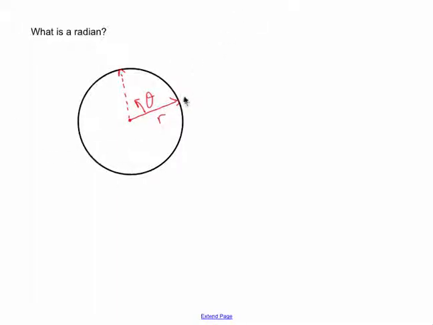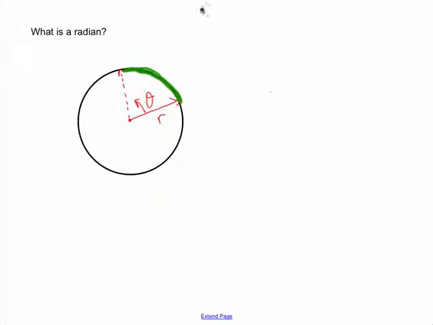Okay? 1 radian is defined as the amount of the angle that you get, let's say I sweep out or rotate through an entire arc length, or an entire chunk of the circumference.